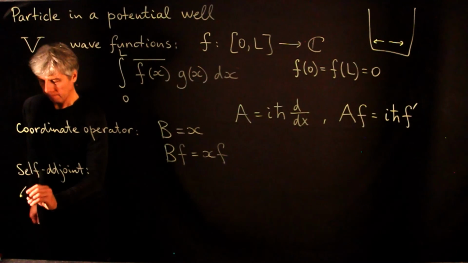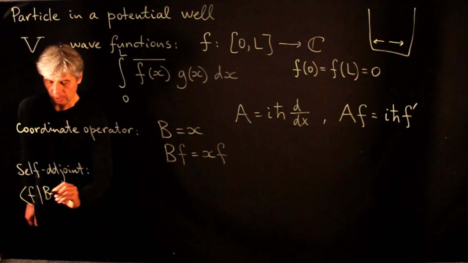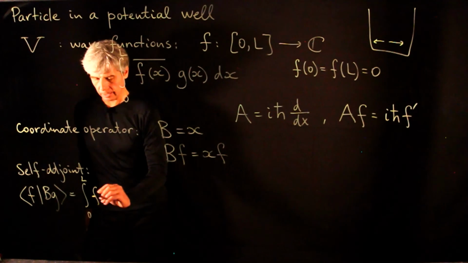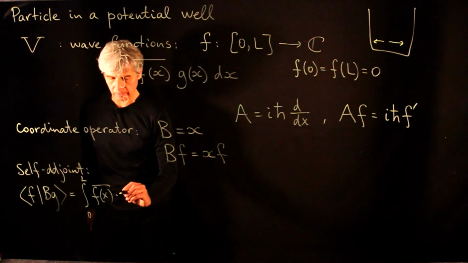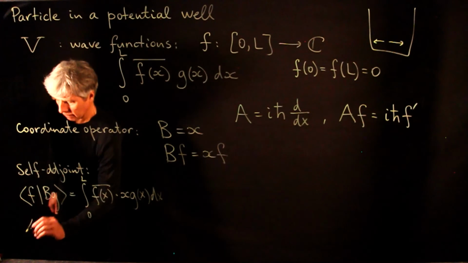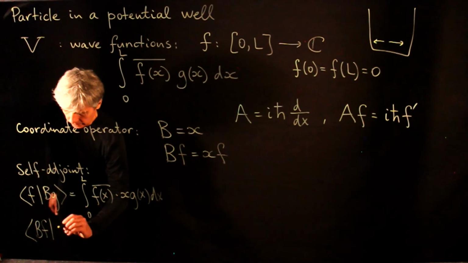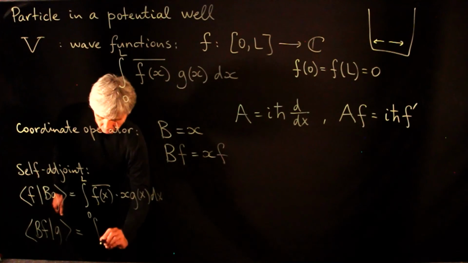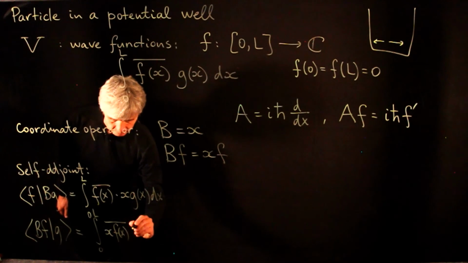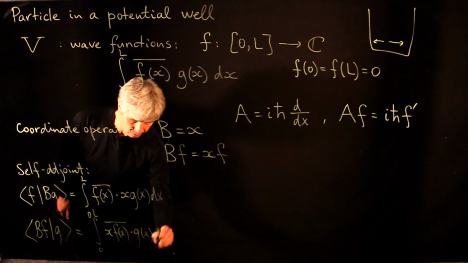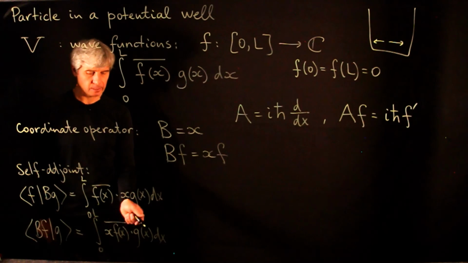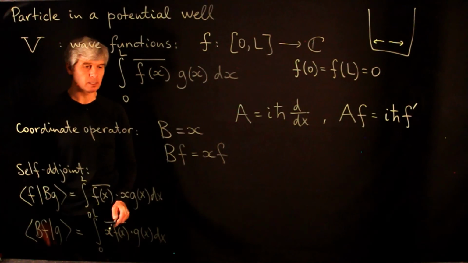Because (f, Bg) is going to be the integral from 0 to L of f of x bar times x g of x dx, and (Bf, g) is going to be the integral from 0 to L of x f of x bar times g of x dx. But because x is a real variable, x bar is equal to x, and so these two things are equal.